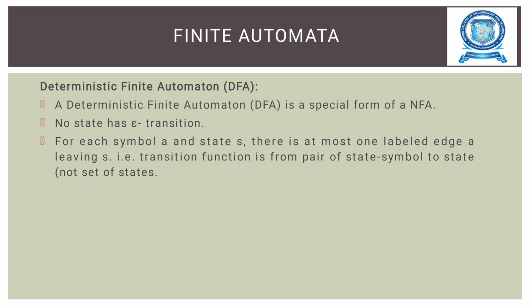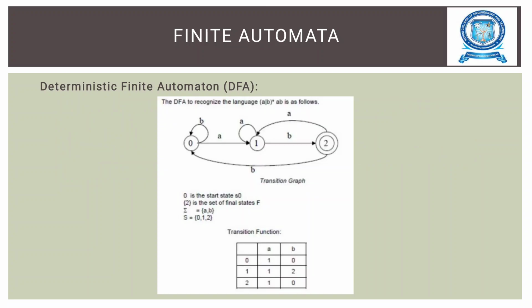Then this DFA is a deterministic finite automata. No state has epsilon transitions, and there is at most one labeled edge leaving each state for each symbol. Here the starting state is 0, it has 3 states, and the ending state is 2.